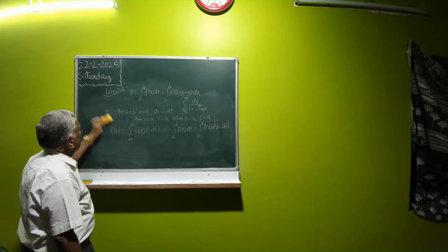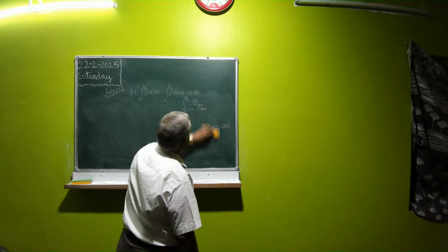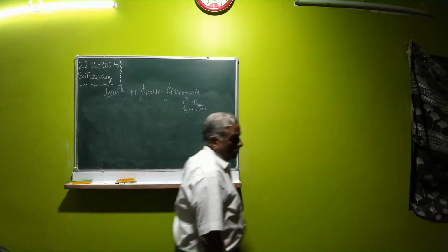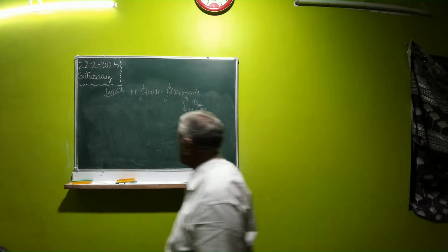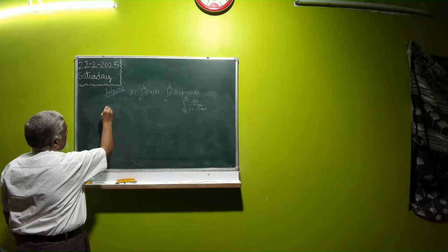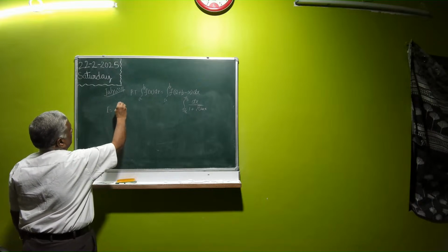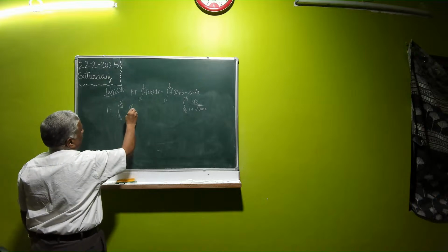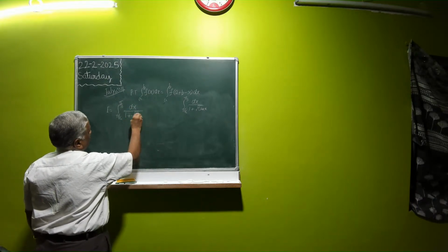So let's go to the given problem. We call the given problem I, the integral from pi by 6 to pi by 3 of dx over 1 plus root of tan x.